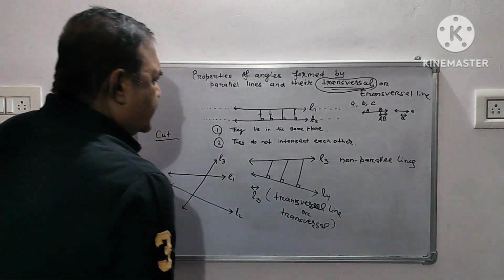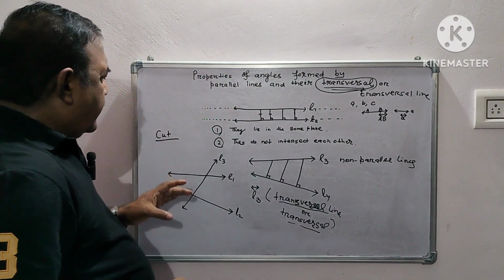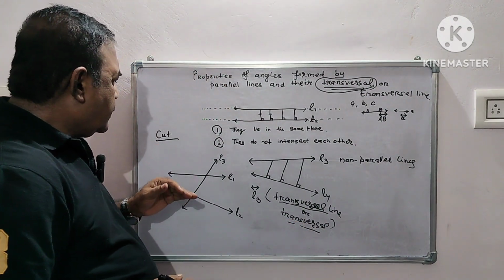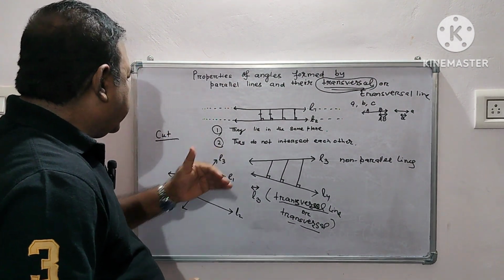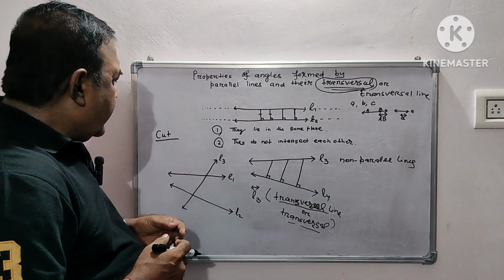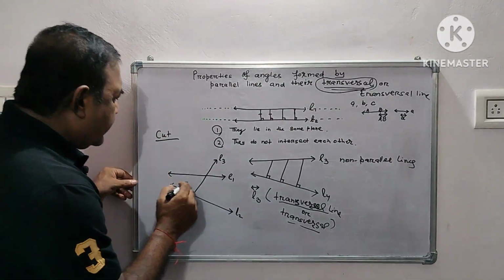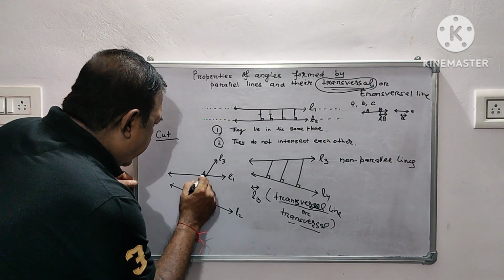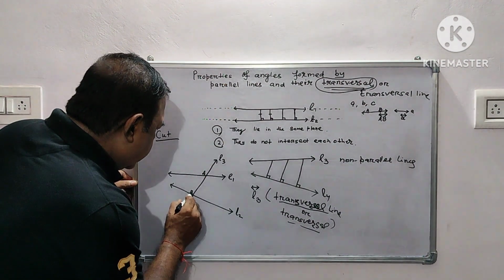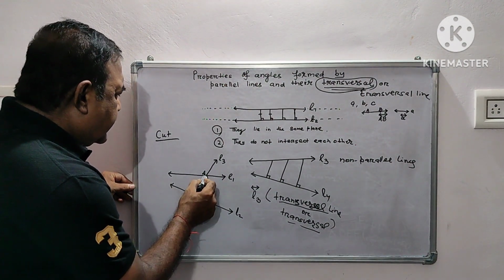So what is transversal or what is transversal line? A line that passes through two lines in the same plane at distinct points. Distinct means different points. You see, here it is one point of intersection, let it be A. Here is another point of intersection B. So point A and point B are distinct points.